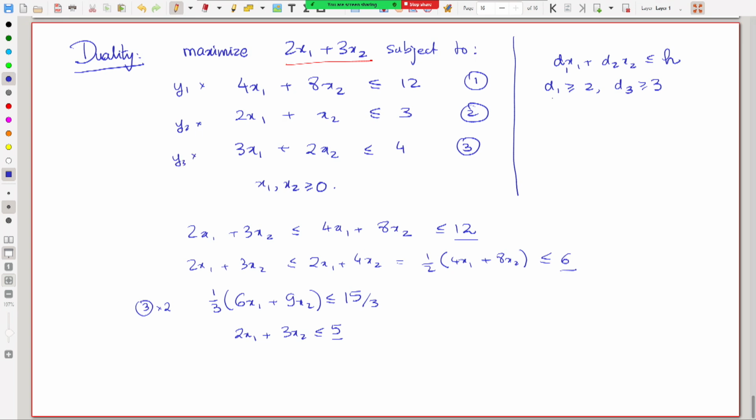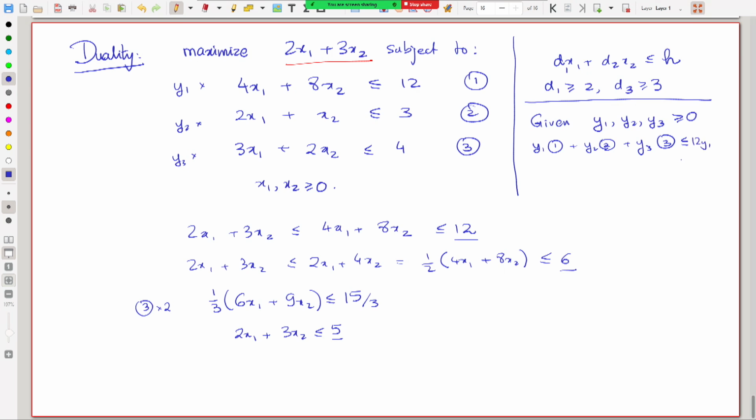So given y1, y2, y3 all non-negative, let us look at y1 times equation 1 plus y2 times equation 2 plus y3 times equation 3, and that will be less than or equal to whatever this thing is.